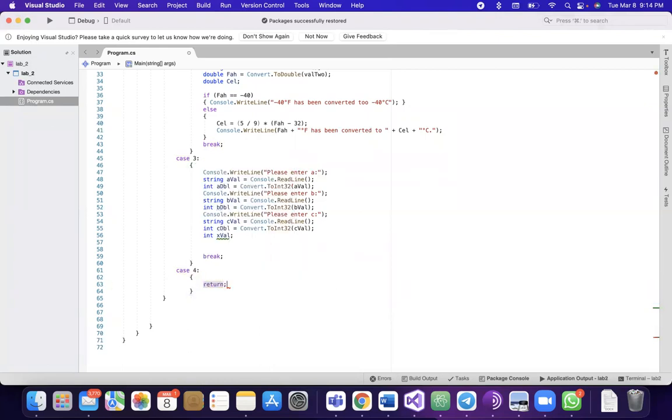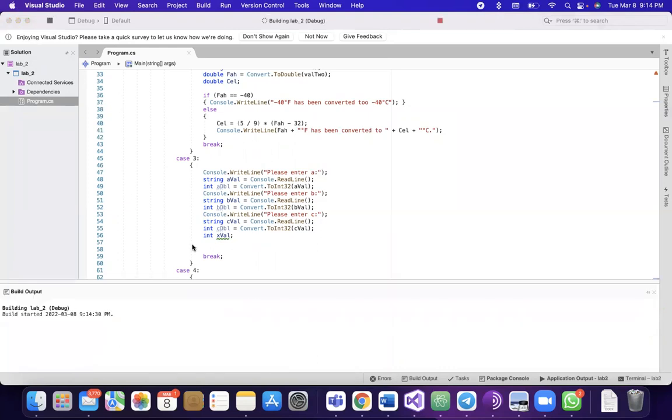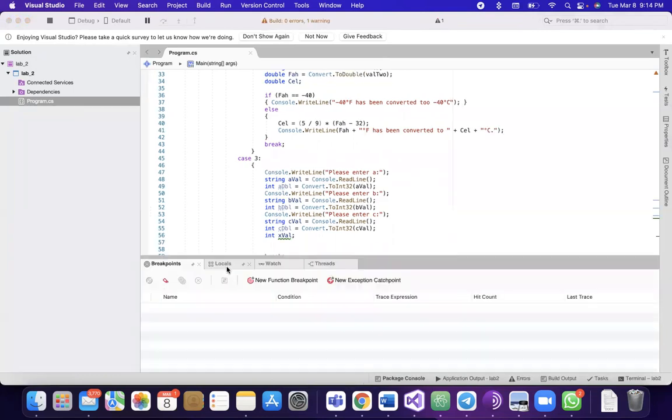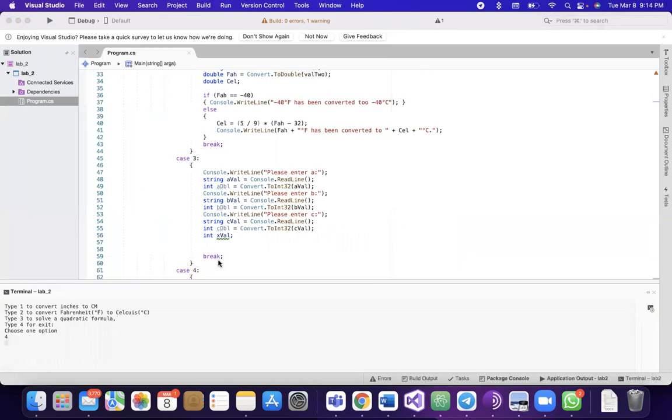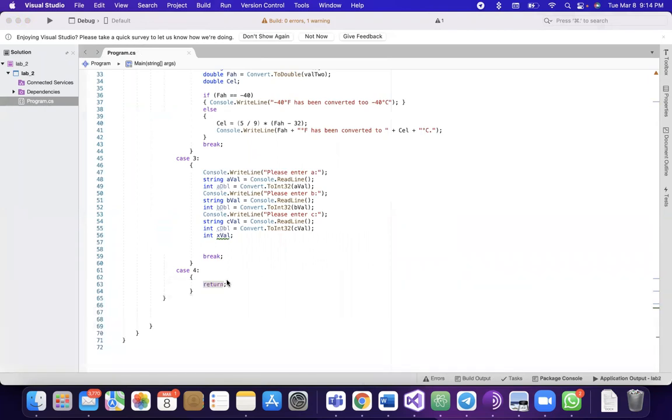Return is also helpful. We also need a default.